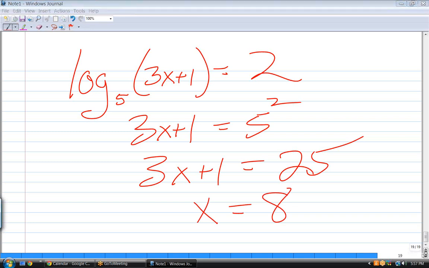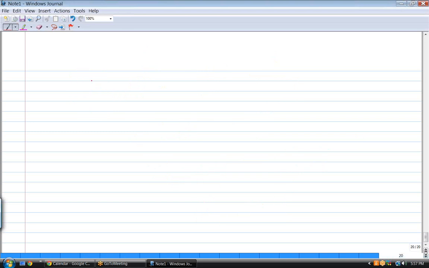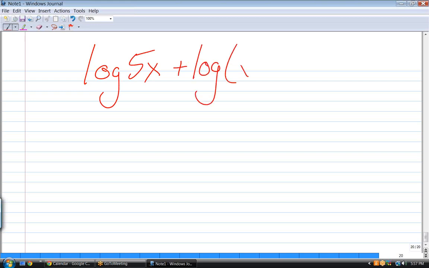And finally, let's end on this one here, because this next one illustrates the problems with logs. Now, we're going to end up having to use an exponential representation here, but we can't represent this thing exponentially until we get one log function, not two.